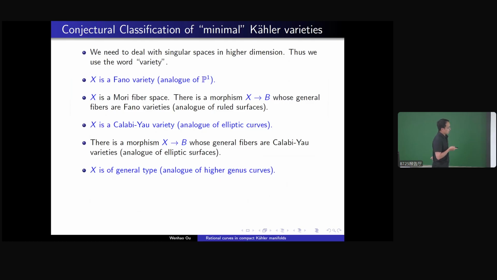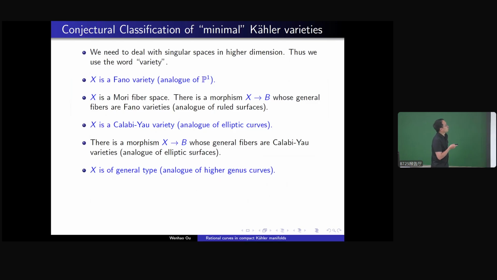And the second, in black, is that there is a morphism from X to B, as here. B has positive dimension, and the dimension of B is smaller than the dimension of X. And the general fibers are Calabi-Yau varieties. So general fibers are varieties of smaller dimension and of the second blue type. And this is the analog of elliptic surfaces.